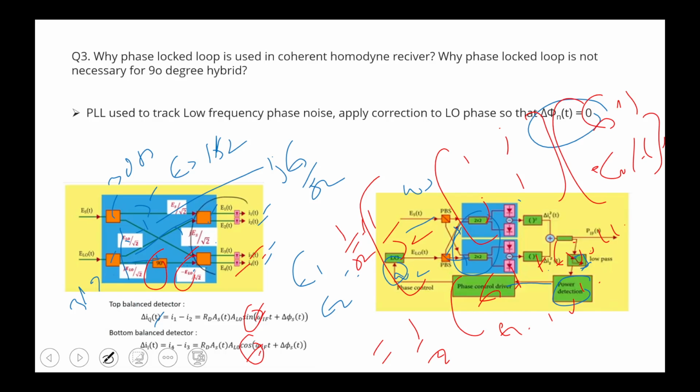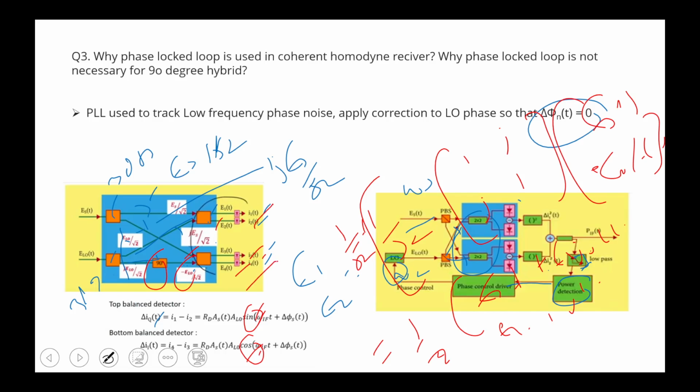So we have calculated the imaginary component separately and the in-phase component separately. What is the disadvantage? There are two problems in the 90-degree hybrid. Phase lock is not necessary for the 90-degree hybrid, since both in-phase and quadrature components are extracted simultaneously, because we extract them from the one phase from this and this component.